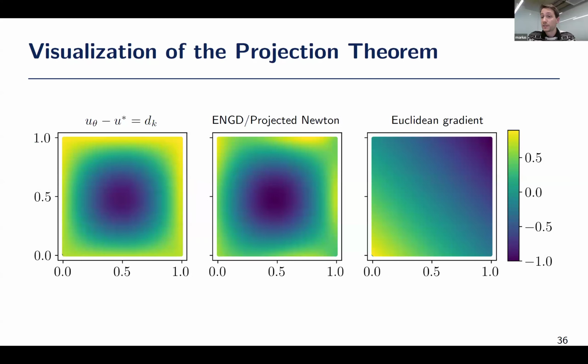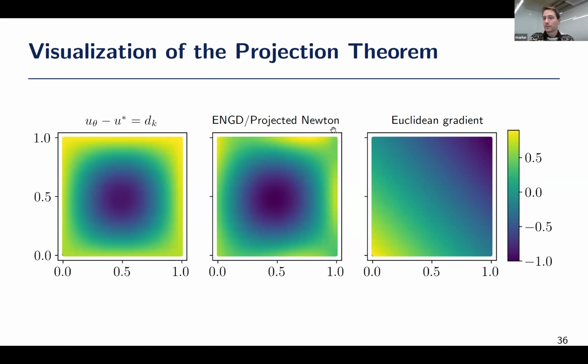And here's a visualization of the projection theorem. This is again Newton's method on Poisson's equation with a simple solution. We initialize our network somewhere. This is the continuous Newton step, and remember, the Newton step in function space gives you convergence in one step. So this is what you should do.